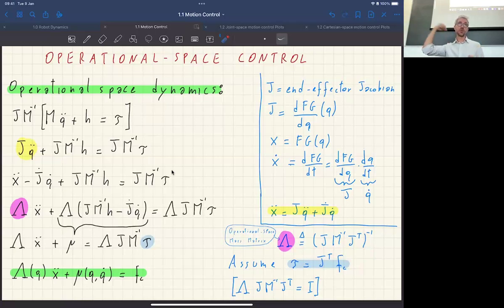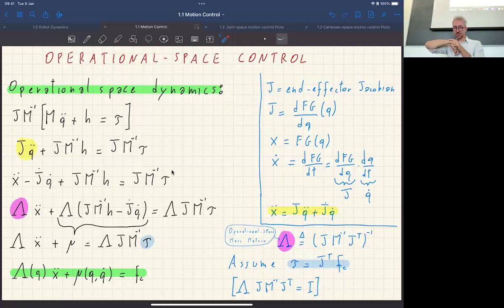So the classic example of a singularity is the elbow singularity. So if the elbow is straight, then the Jacobian loses rank. And when the Jacobian loses rank, also this matrix here loses rank because it contains the Jacobian.